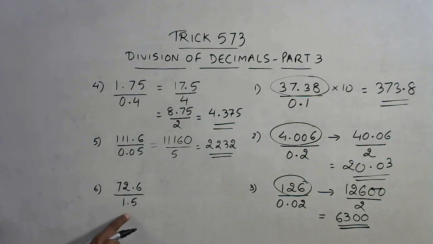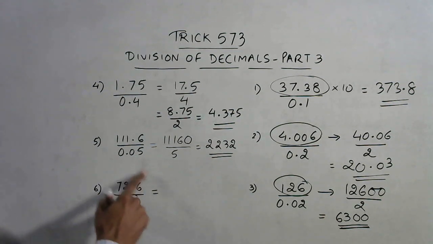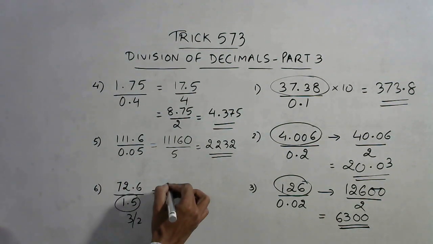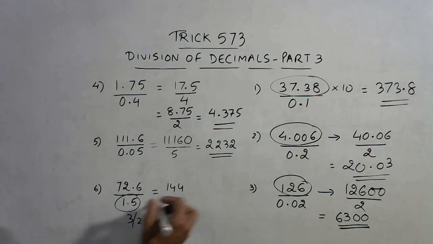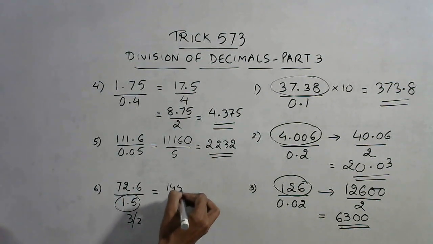So let's see 1.5. For 1.5, you should understand that 1.5 is 1 and a half, that is 3 by 2. So if you consider this number as 3 by 2, then this 2 will go in the numerator, thereby doubling the numerator. 72 doubled is 144 and 0.6 doubled is 1.2. So we have 145.2.